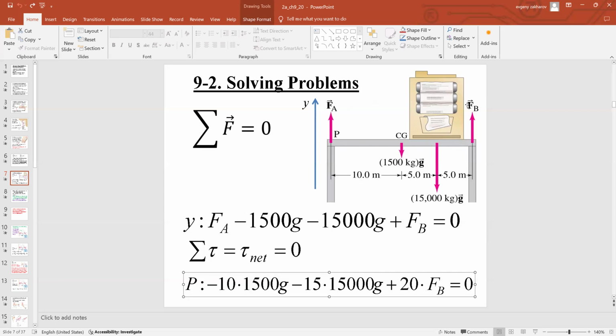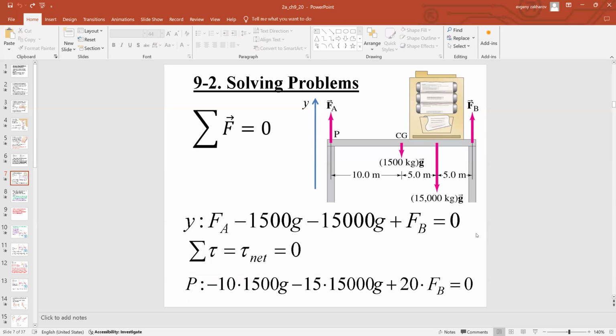Force is unknown. It's F sub B. We don't know how many newtons there are. But this time, the torque is positive. See how this force creates a counterclockwise rotation with respect to the axis of rotation being point P. And that means the torque is positive. 20 is the moment arm, 10 plus 5 plus 5, and the force is the unknown force that we are looking for.